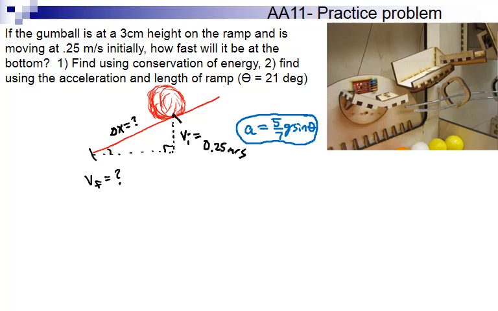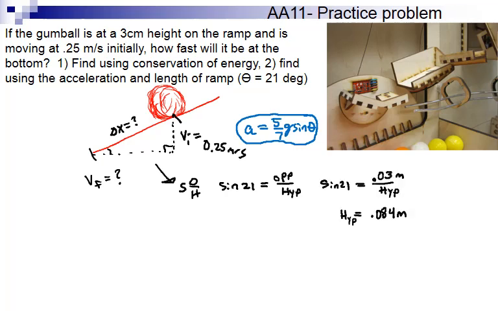And so if we set up our trig here, we know the angle is 21 degrees, so we can figure out the hypotenuse, and the hypotenuse is 0.084. So that's how long this portion is right here as the gumball is going to go down. So if we know that, and we know that we can get the acceleration, we can figure out what V final should be using our constant acceleration equation.